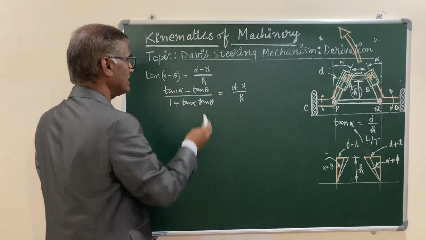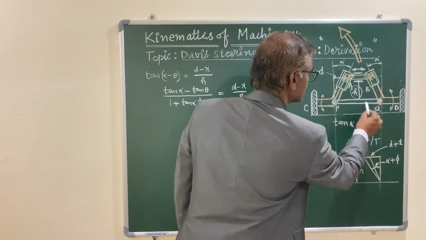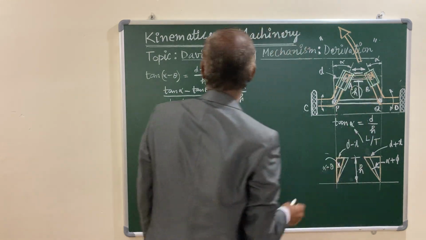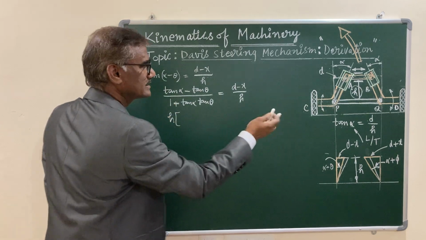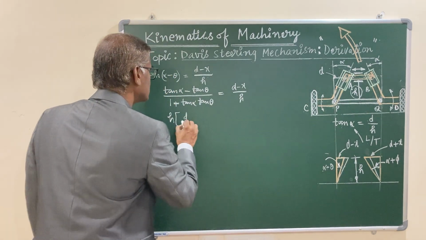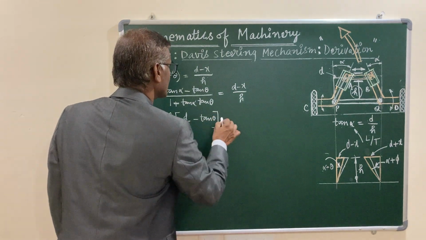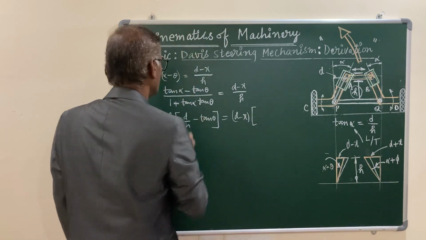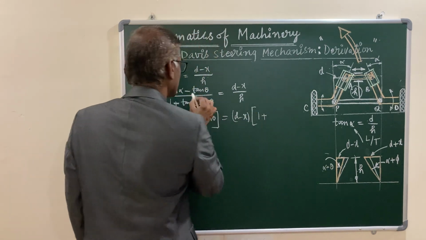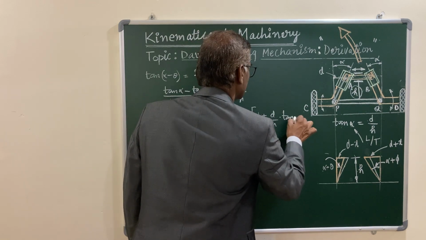If you cross multiply and substitute the tan alpha value in mean configuration, that is d, opposite side, by h, adjacent side, you have h multiplied by (d by h minus tan theta) equals (d minus x) into (1 plus d by h into tan theta).